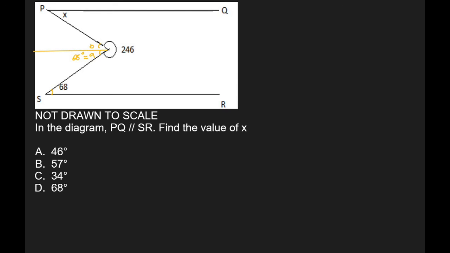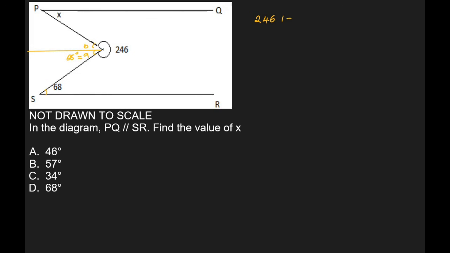Also, 246 degrees plus 68 degrees plus angle B should be equal to 360 degrees. Reason is because they are angles around a point.